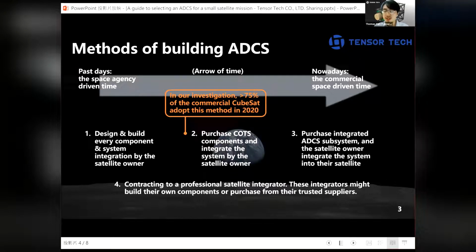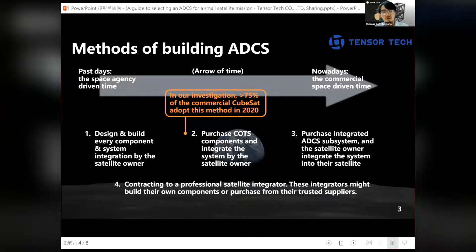So the users do not need to build the ADCS all by themselves. And I believe this is a trend for the market, because everything is getting more and more professional.